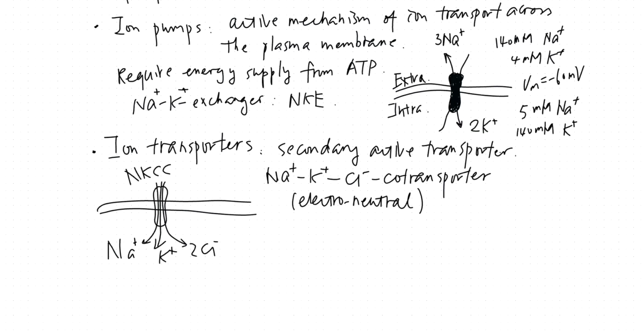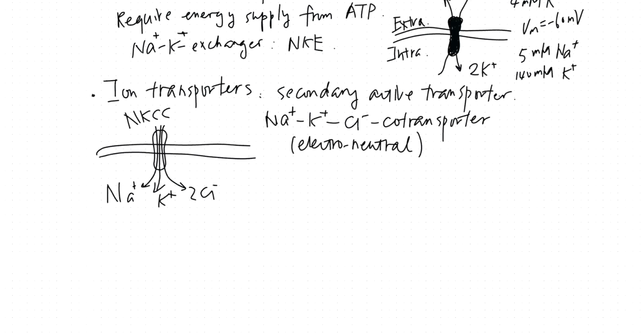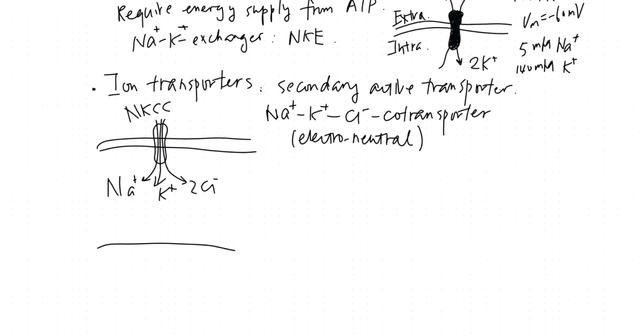Once sodium flows in, it provides the energy to carry potassium and chloride in. That's what we call a secondary active transporter. It relies on the energy from the first species that moved in for the others to move.